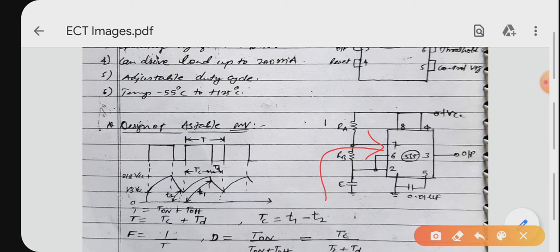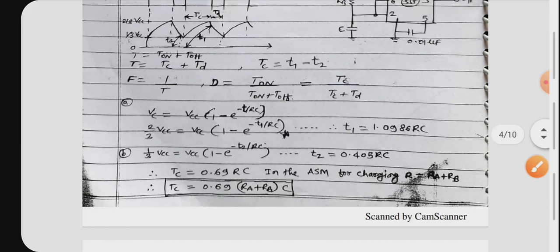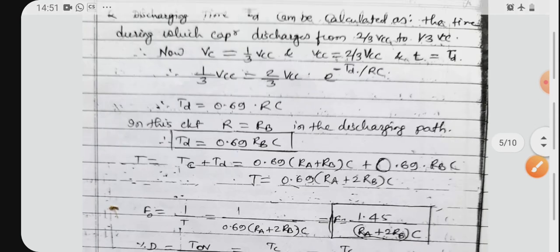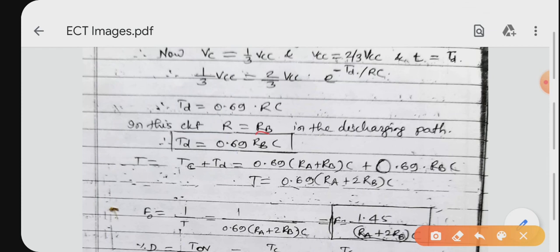That's why pin number 7 is called the discharge pin. Whereas during the charging path, there are two resistors from VCC, RA plus RB, into C. So the combination of RA plus RB is in the charging equation, and in the discharging equation there will be only RB, as there is only one resistor RB in the discharge path.